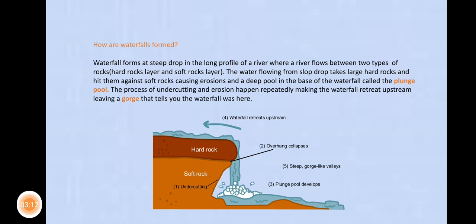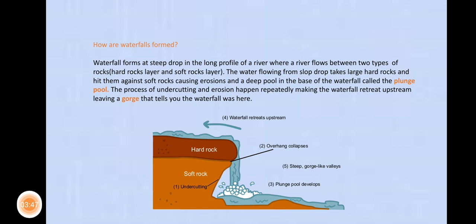This process of undercutting on the softer rocks causes the larger, harder rocks to collapse, and this is what makes the waterfall retreat upstream, because it is losing its ground by the force of erosion. And this leaves a place we call the gorge.